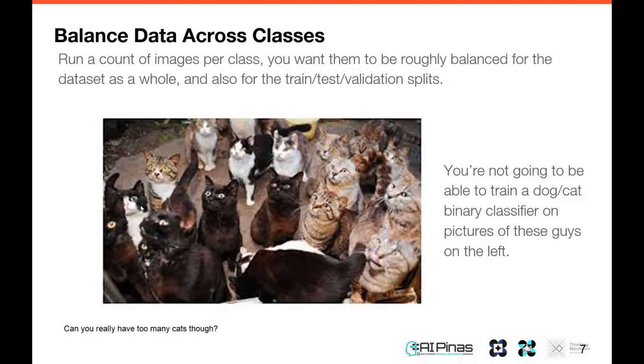For image classifiers and for classifiers in general, you really want to have a roughly balanced split of data across classes, and also within the train, test, and validation splits, you want them to be evenly balanced. You can't train a dog binary classifier on pictures of just cats.